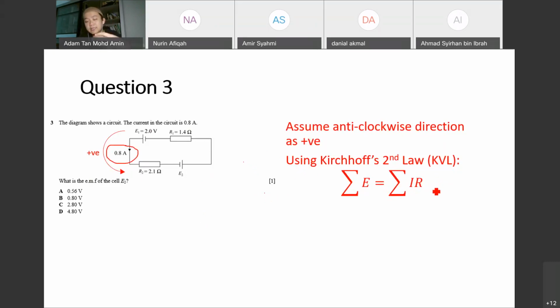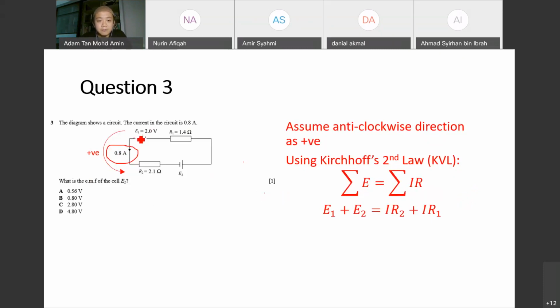Ataupun in words, it would be the total sum of voltage supply must be equal to the sum of voltage drop within a closed loop. So yang itulah dia punya keyword kat situ. Total voltage supply must be total voltage drop in a closed loop for Kirchhoff voltage law. Okay, and then you substitute everything.